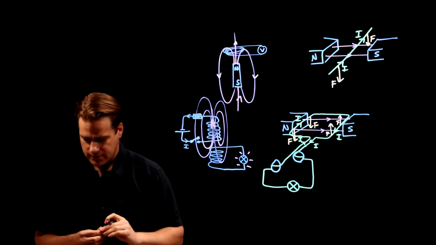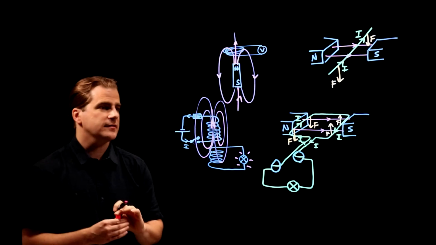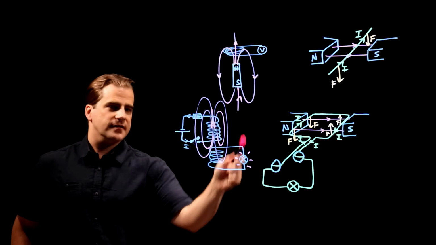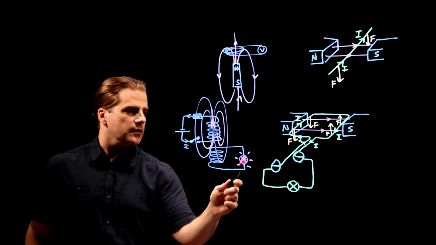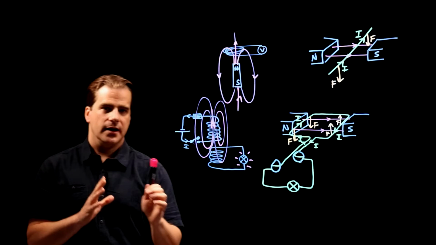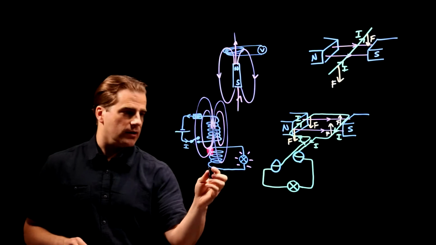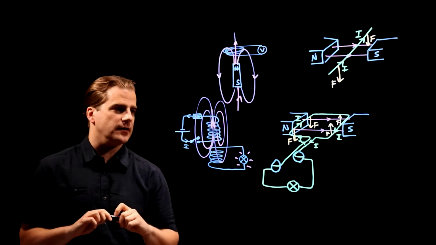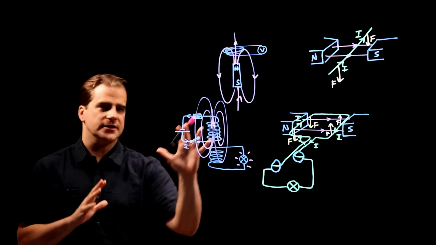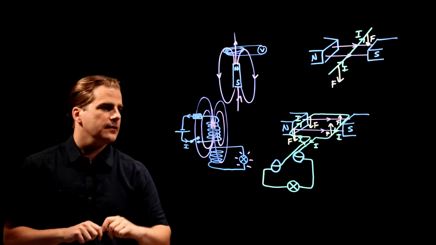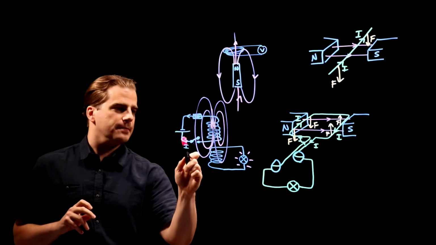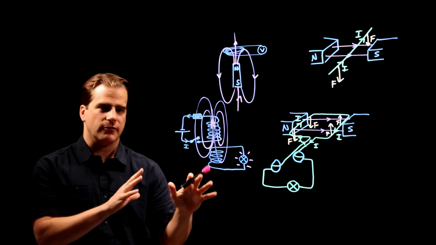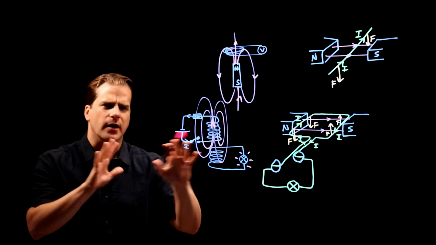And finally, the last thing I want to say on this is this last example, the bulb only lights whilst this coil is experiencing a changing magnetic field. Once this has achieved steady state, in other words, once the switch has been closed and current has been running for a few seconds, few minutes, whatever.